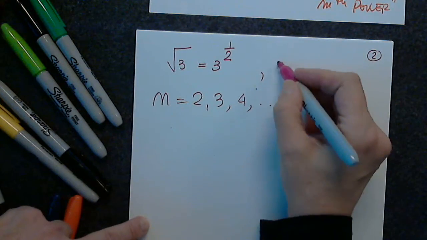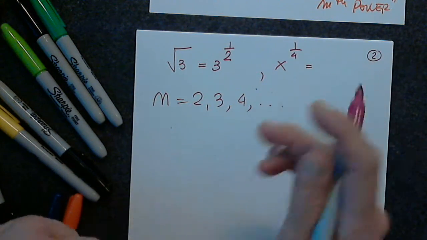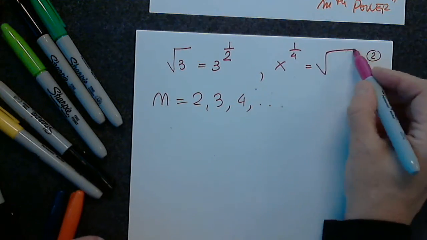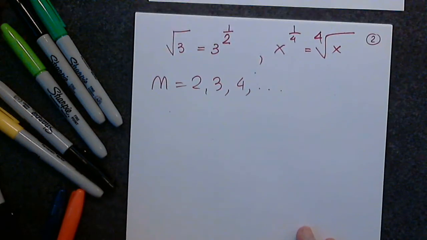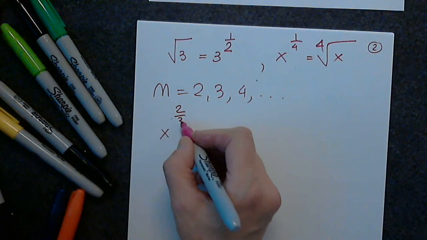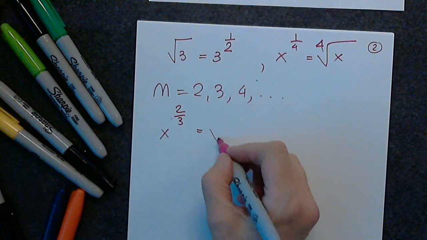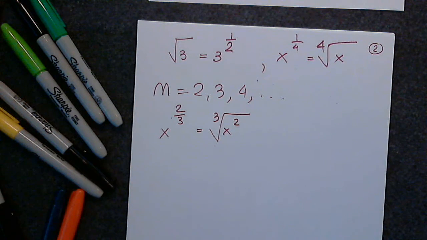Okay, what if I say x to 1/4? What does that mean immediately? The fourth root of x. Excellent. What if now I say x to 2/3? What would that mean? The cube root or the third root, that's fine. The cube root of x squared. Excellent.